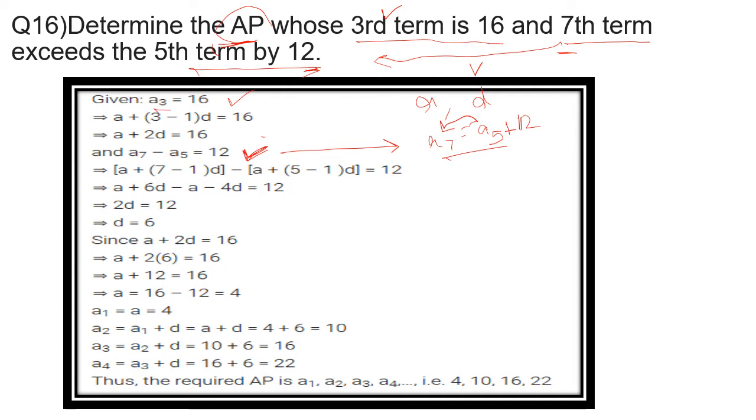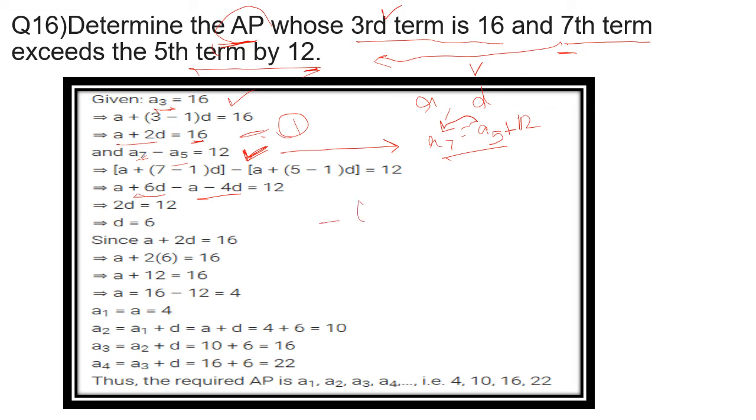Okay, so what has been done later? We have opened the general term. We have opened the general form of A3, which is A plus 2D, equal to 16. So this is the general form, and this will be our first equation. Opening this, A7 is equal to A plus 6D and A5 is equal to A plus 4D. But here before A5 there is a minus sign.